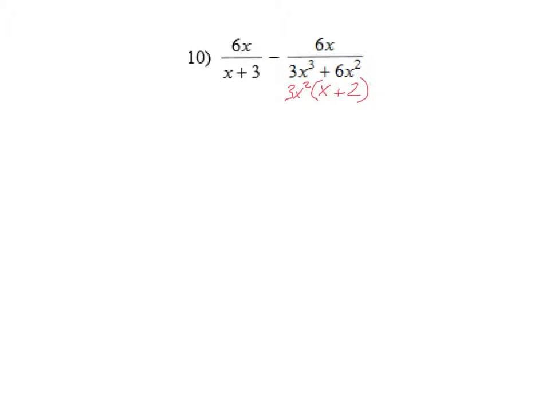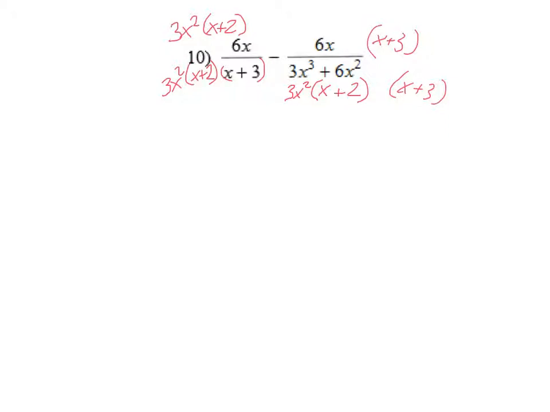When I look for my common denominator, I'm going to have an x plus 3, a 3x squared, and an x plus 2. So what's missing on the left side is the 3x squared and the x plus 2. Do that on the top also. On the right side, what I'm missing is an x plus 3.